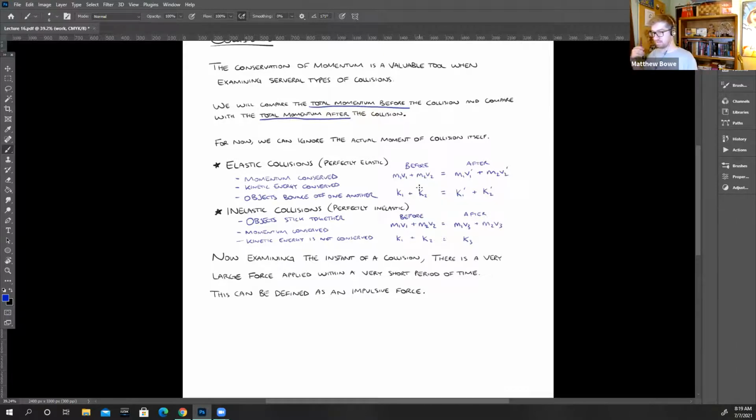But this is a type of collision. You are bringing one object onto another, and there's this large force delivered in a very split second amount of time. This is what is known as an impulsive force.